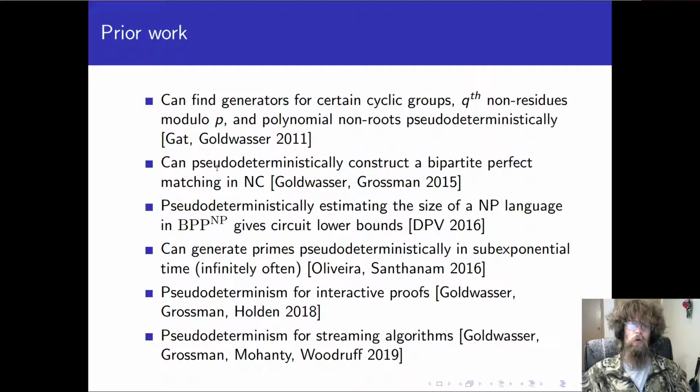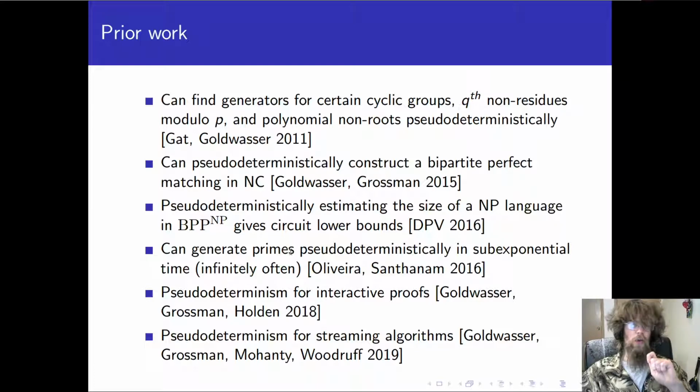Goldwasser and Grossman showed that you can pseudodeterministically construct a bipartite perfect matching in randomized NC. If you could pseudodeterministically estimate the size of an NP language in BPP with an NP oracle, then we'd get some new circuit lower bounds. That's how we sort of got into pseudodeterminism.